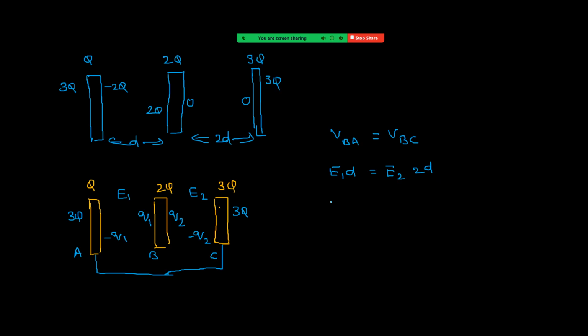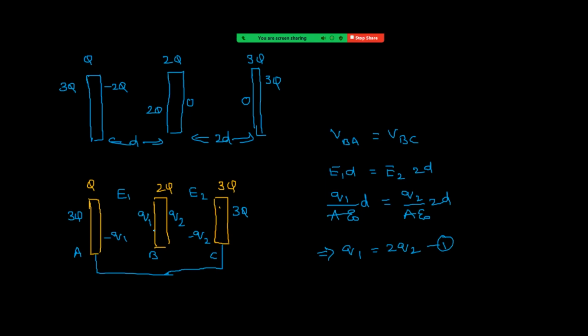E1 value is sigma by epsilon naught, sigma by epsilon naught into D is equal to, in the place of E2, again sigma by epsilon naught into 2D. Now from here, D gets cancelled and these two get cancelled. We get the relation Q1 is equal to 2Q2.